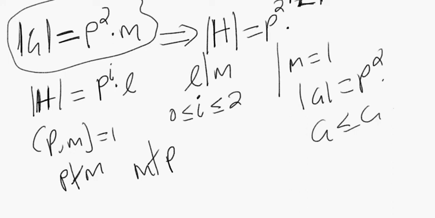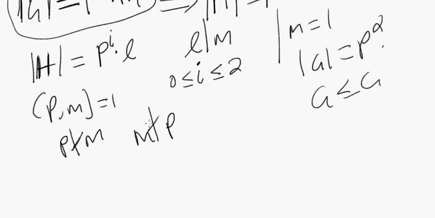Well, could we say as well that if anything divides p times m, it either divides p or it divides m? Oh, actually, we looked at that before. Perhaps not. An example would be 3 and 6, right? But these are not relatively prime.